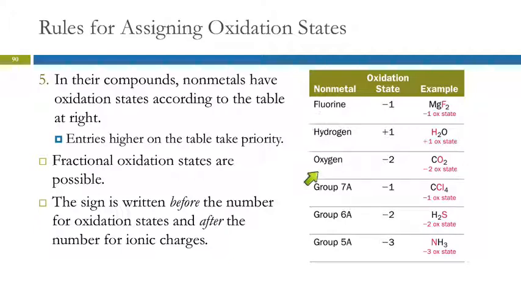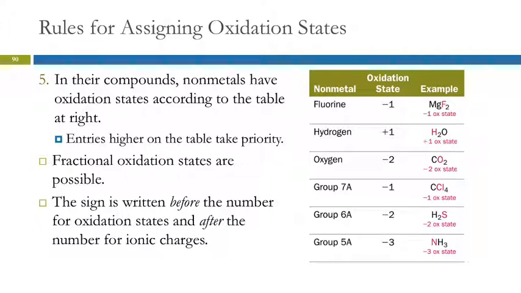Next up is hydrogen. When hydrogen becomes an ion, what is its charge? +1, right? Next down the list is oxygen. What charge does an oxygen ion have? -2. These oxidation states are the same number as an ion charge if these were ions.